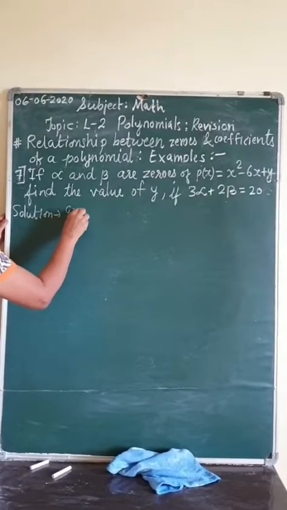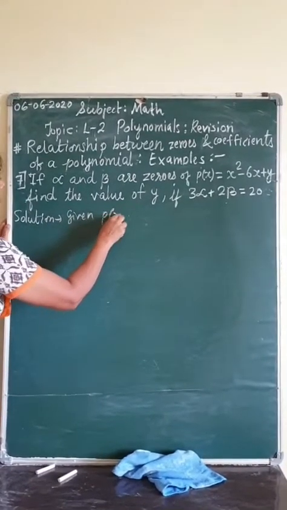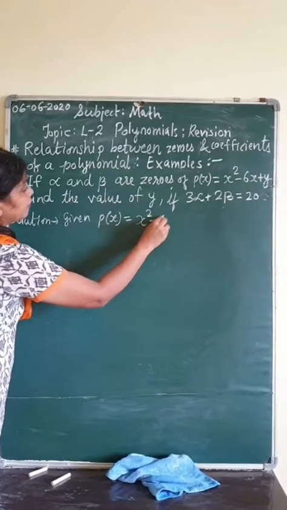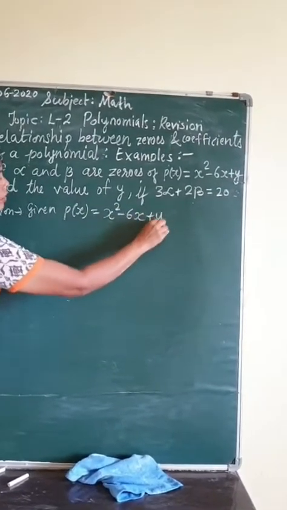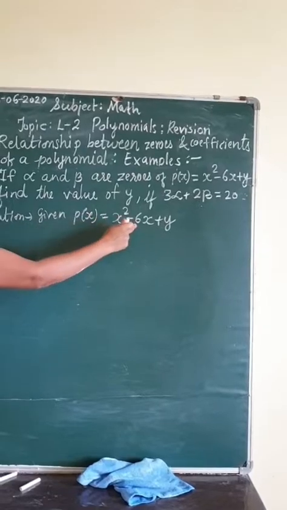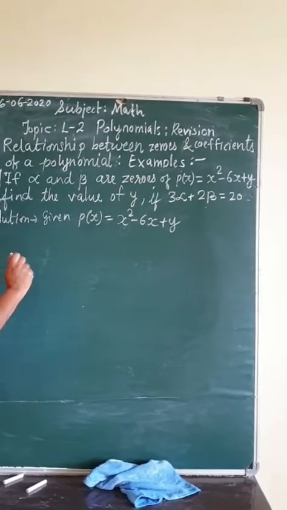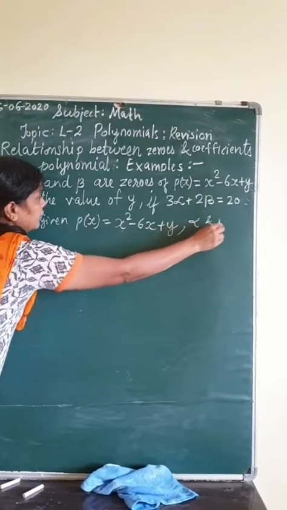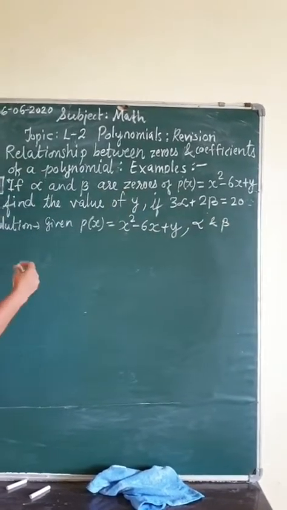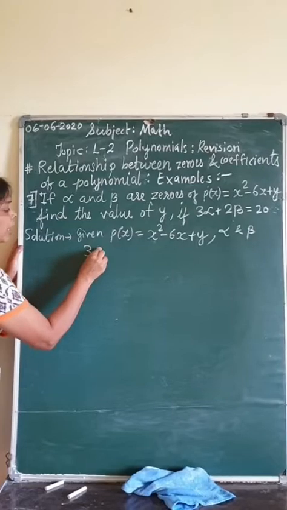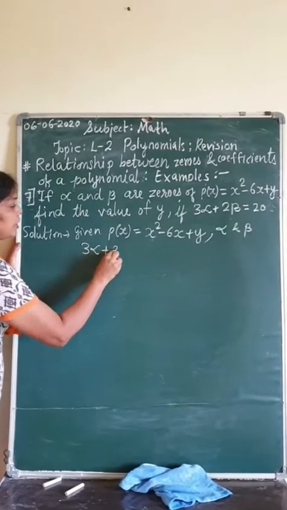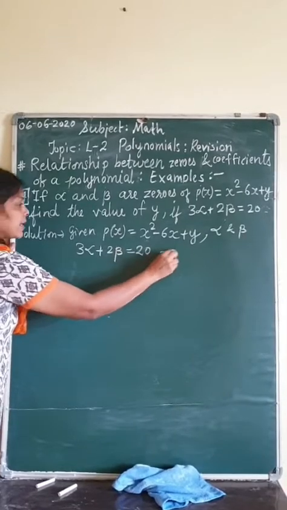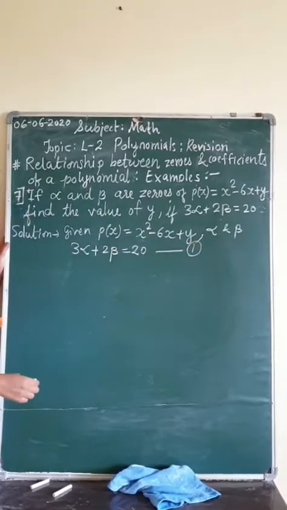Here, what they have given us, the polynomial p of x, it's a quadratic polynomial, x square minus 6x plus y. They have given us zeros as alpha and beta. One more thing they have given us, 3 alpha plus 2 beta is equal to 20. Let's take this as equation 1.